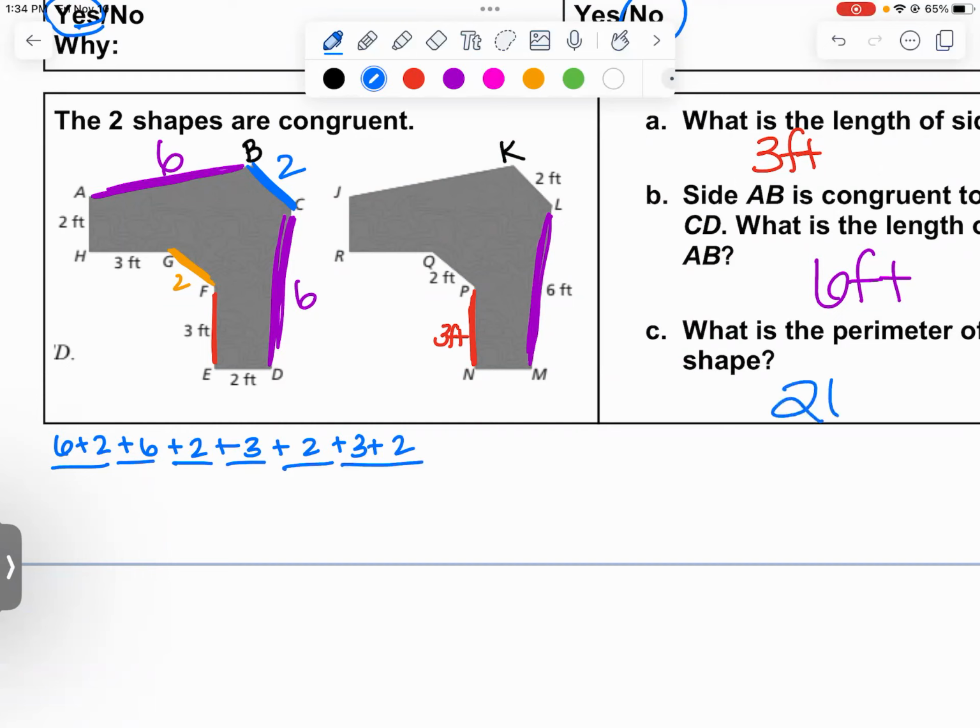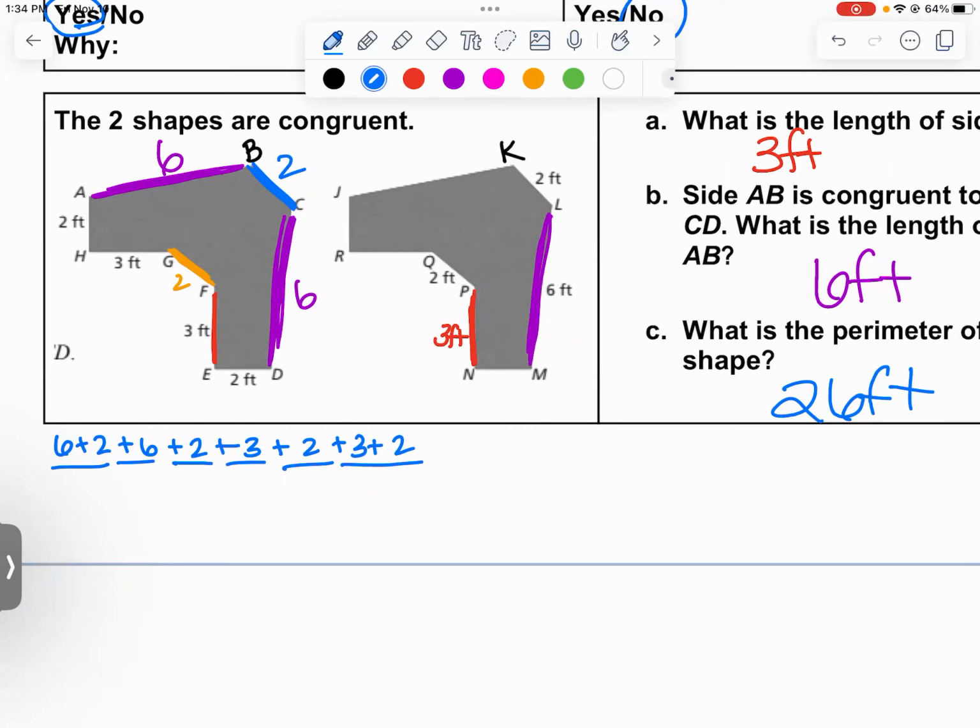Plus 3 plus 5 is 26 feet. Tony? I forgot to add the 3 feet. Tony, I was showing you. Here's the 2 feet. Here's this 2 feet. Okay. Yeah. You gotta label all the sides so we can find the perimeter.